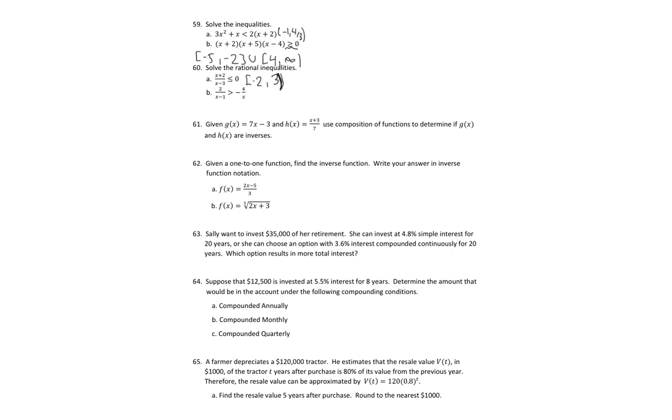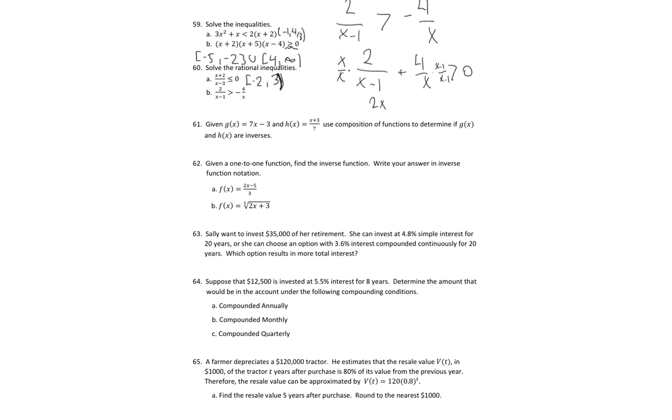Going to this next one, 2 over x minus 1 is greater than minus 4 over x. What I'm going to do is add this over, so 2 over x minus 1 plus 4 over x is greater than 0. Then I'm going to combine these into the same fraction. Multiply the one on the left by x over x, and this one by x minus 1 over x minus 1.